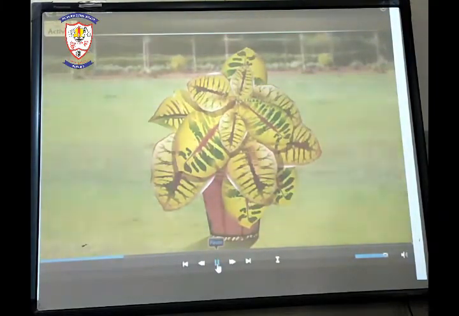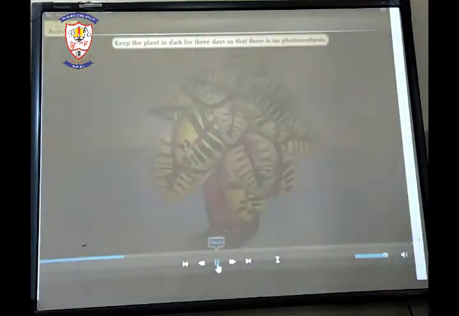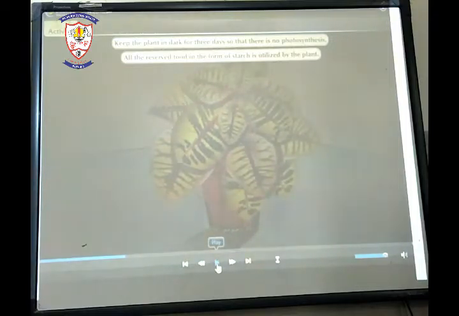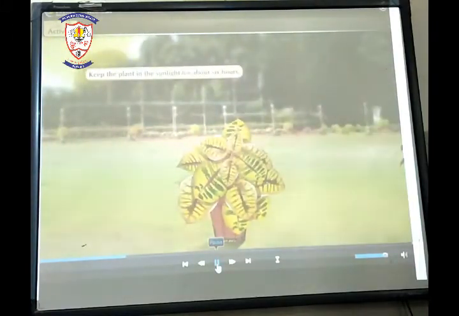As you can see in this picture, we have to take a croton plant, and first we have to keep the plant in the dark for 3 days so that no photosynthesis takes place. By keeping it in a dark place, all the reserved food, whatever was formed previously in the presence of sunlight in the form of starch, is utilized by the plant during this time.